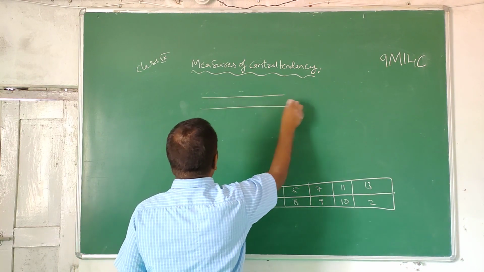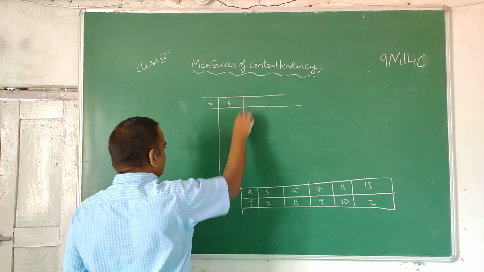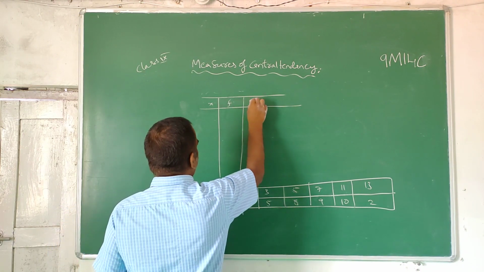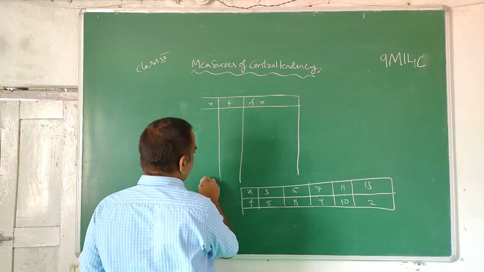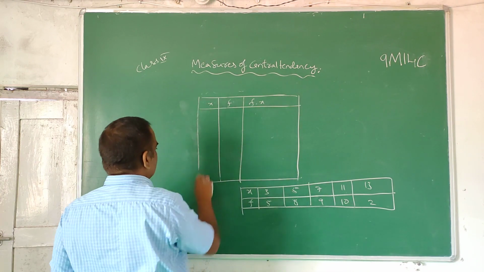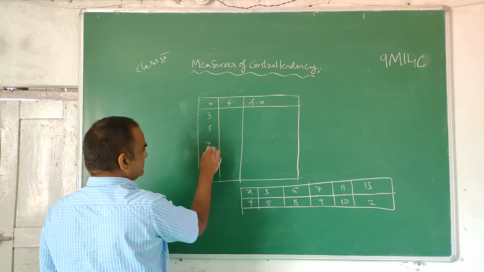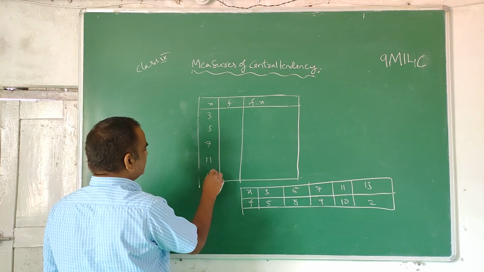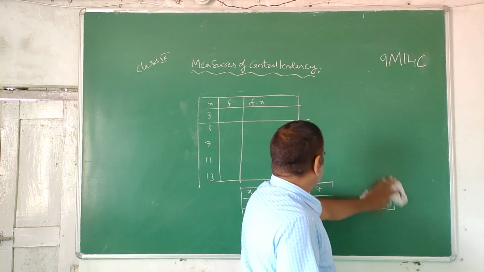You have to take a table, first for marks, next for frequency f, and next for product. These three blocks are sufficient to calculate the mean for ungrouped data. So now collect marks 3, 5, 7, 11, 13. Of course, let us take 9 also.